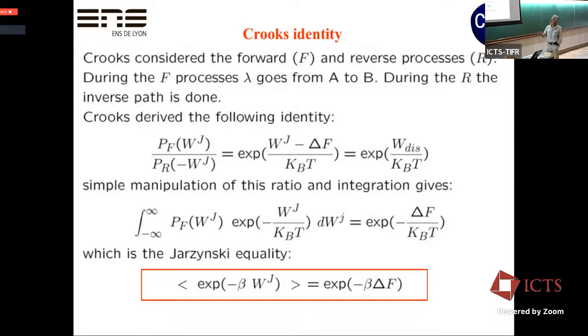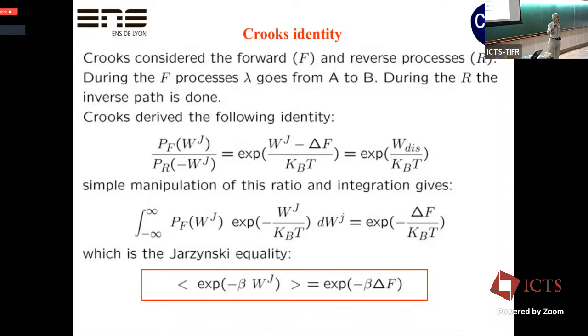And it is a very simple exercise to see that, because of the normalization of P_R, the Crooks equality is related to the Jarzynski equality by integration.